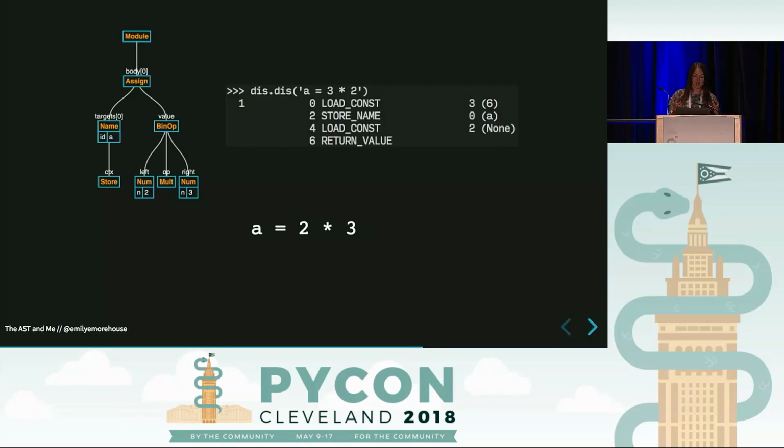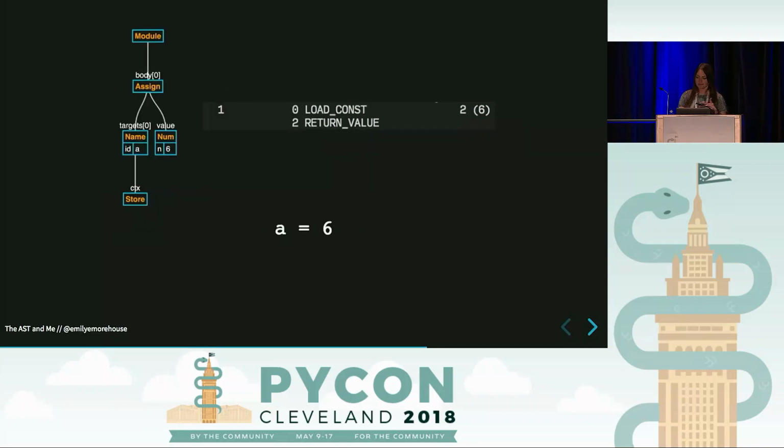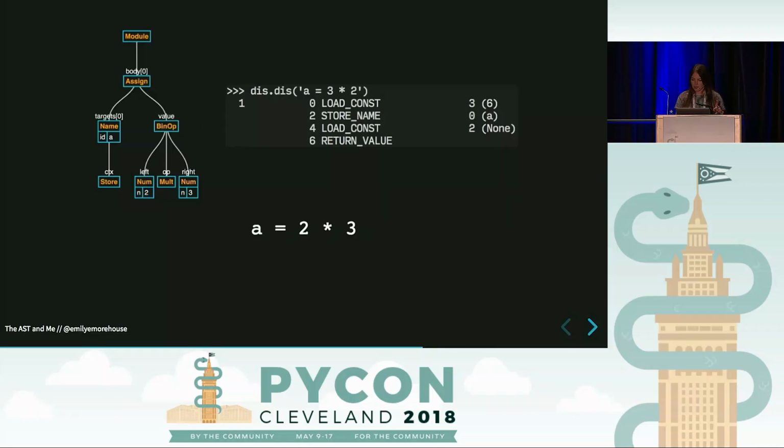So here's a quick example of that. If you have a equals 2 times 3, that can get simplified down into just a equals 6. Not all languages do this, and it doesn't happen all the time, but this is a way that it can change what your bytecode looks like.